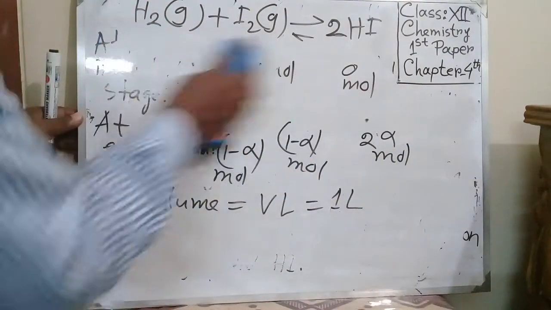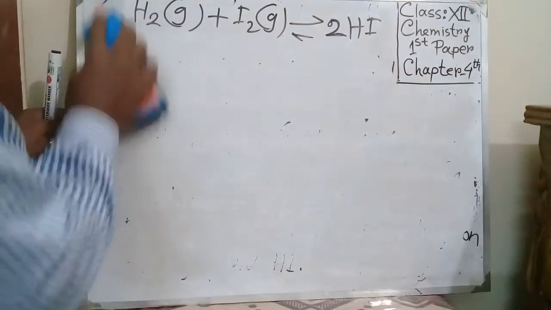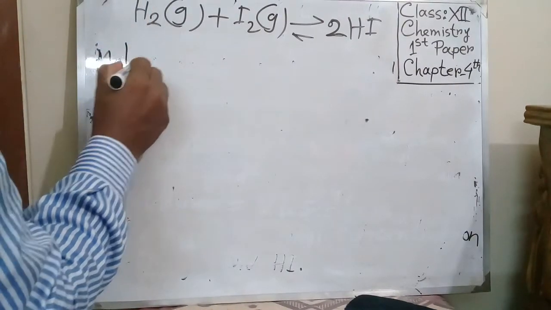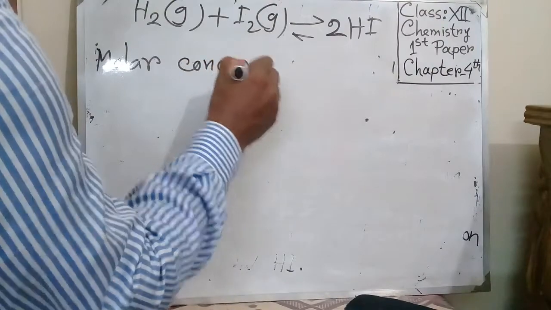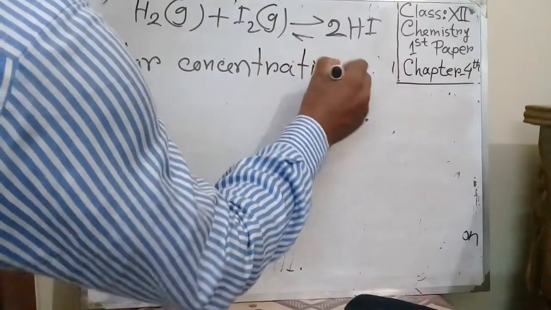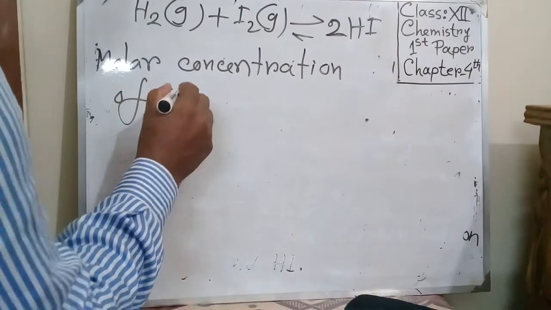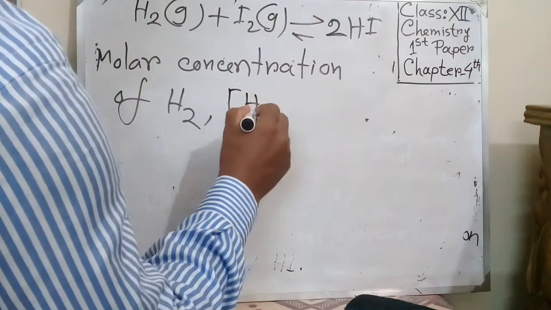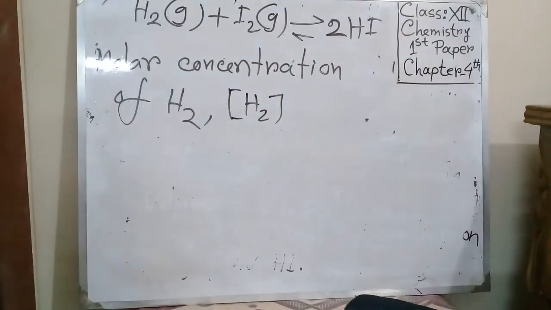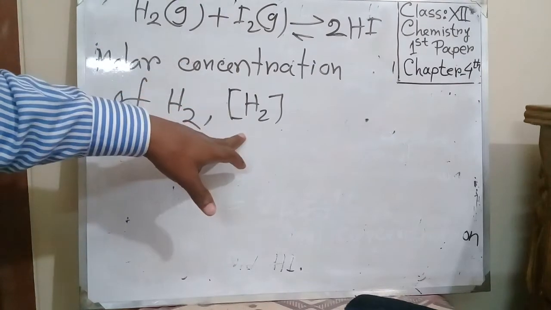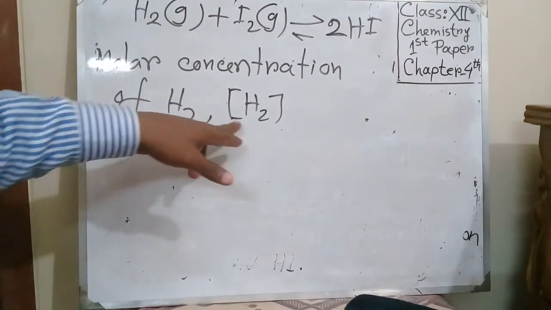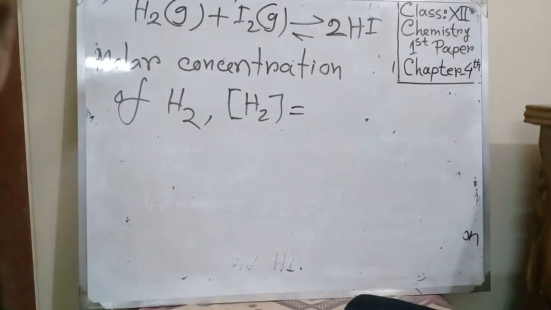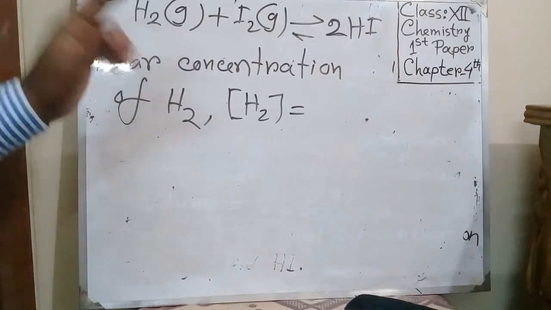I'll write it here. Molar concentration of hydrogen first. Using third brackets, we denote the concentration of any reactant. We know if we divide the number of moles by its volume, we get molarity or molar concentration.